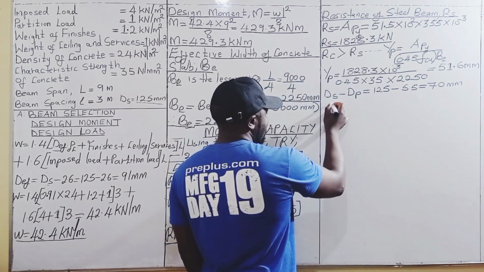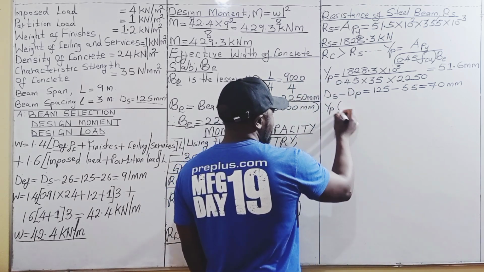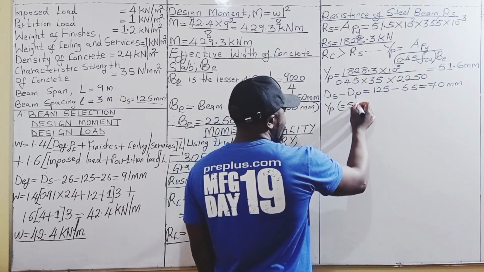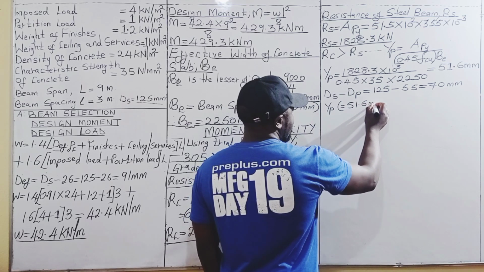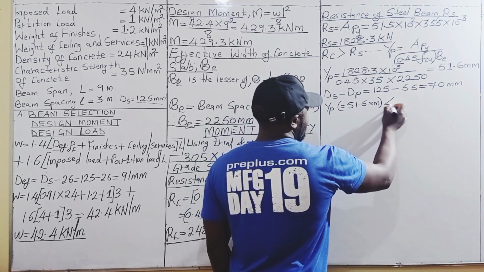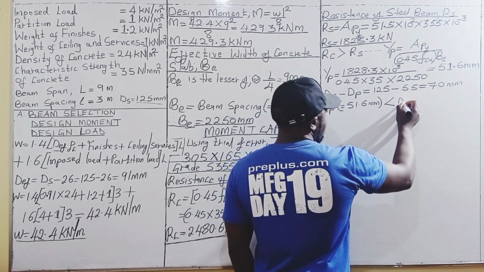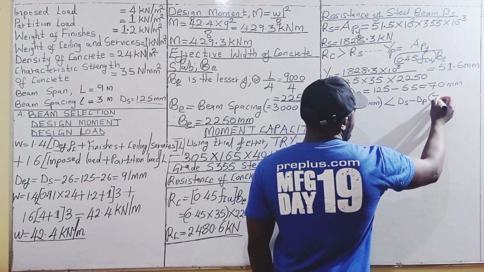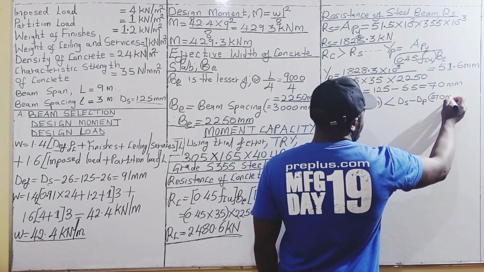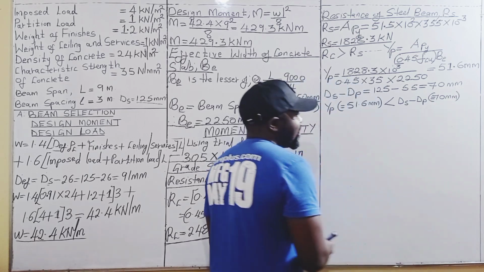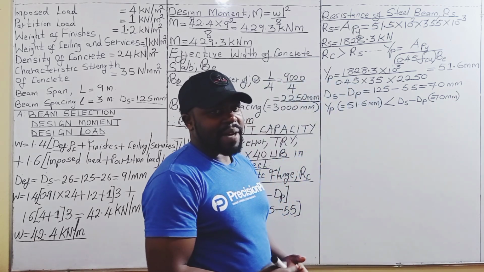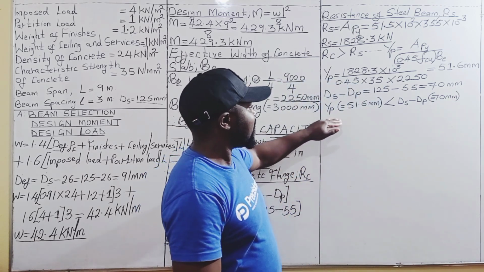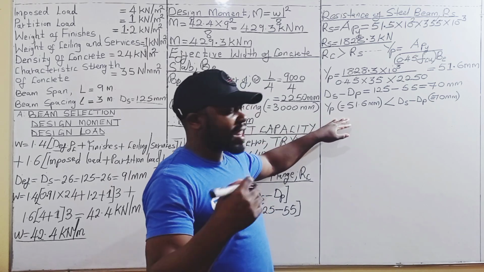We find that since yp, which is 51.6 millimeters, is less than ds minus dp, which is 70 millimeters, it means that the plastic neutral axis is lying within the slab.